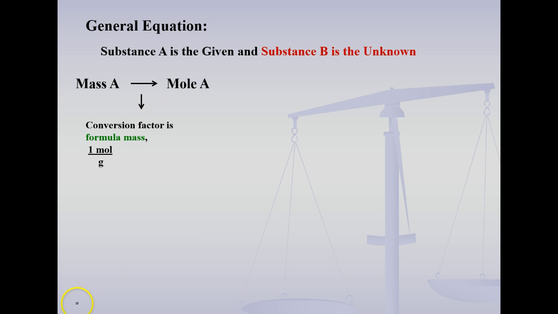Now, once you have the moles of A, we can convert the moles of A to the moles of B. So now we're switching from one substance to another substance. The conversion factor at this point is that mole ratio, set up as moles of B on top, moles of A on the bottom. You get those moles from the coefficients in your balanced equation.